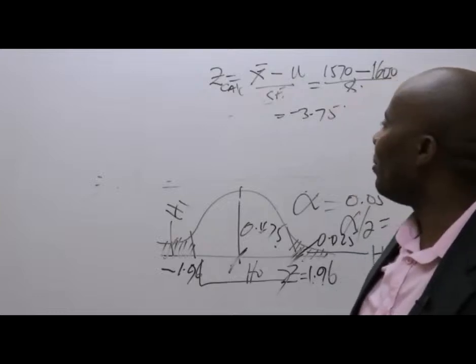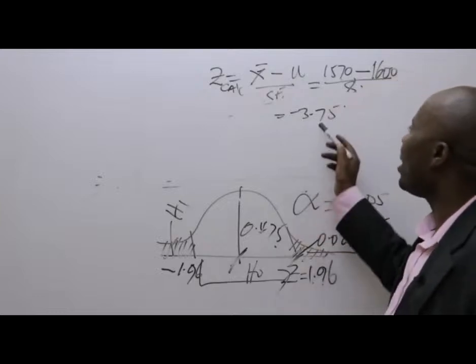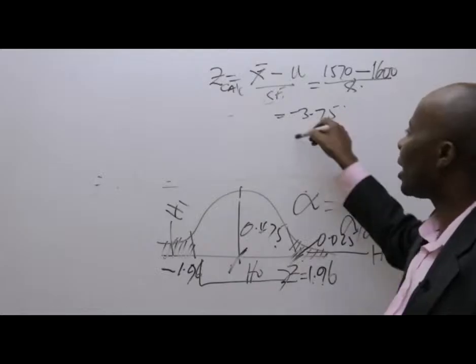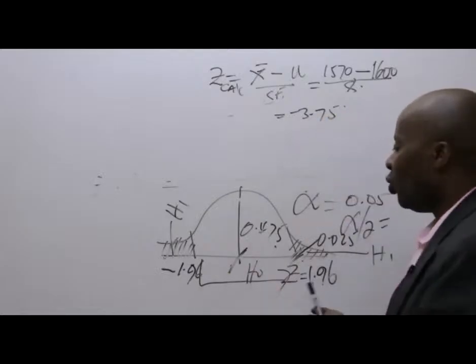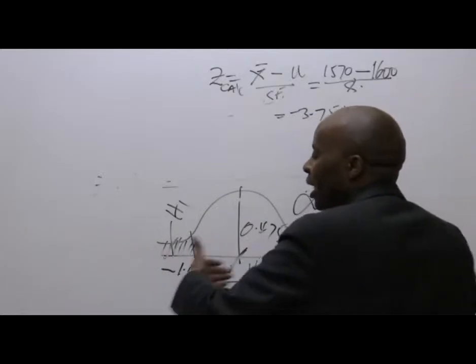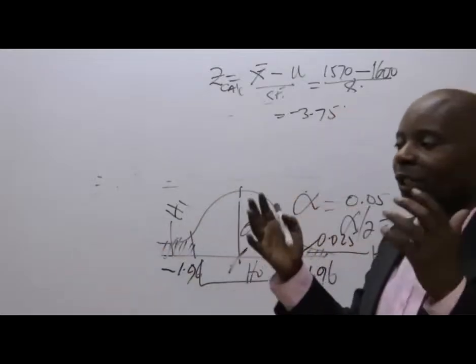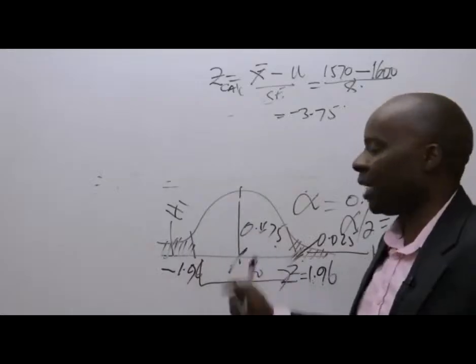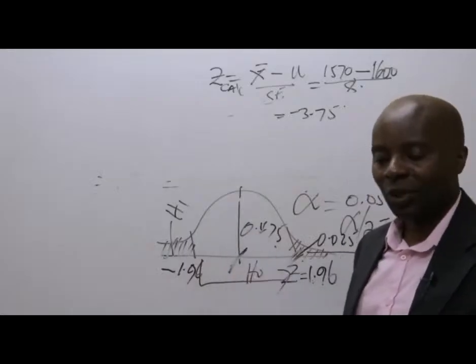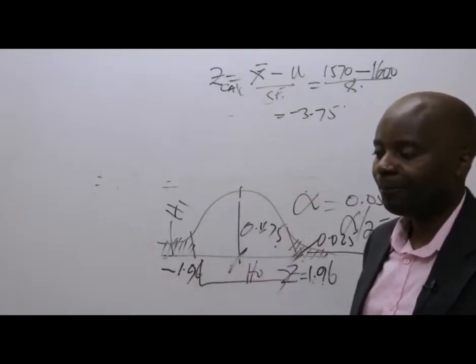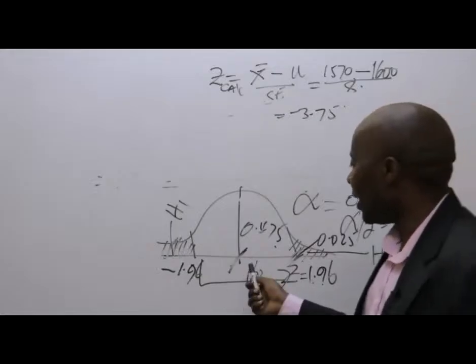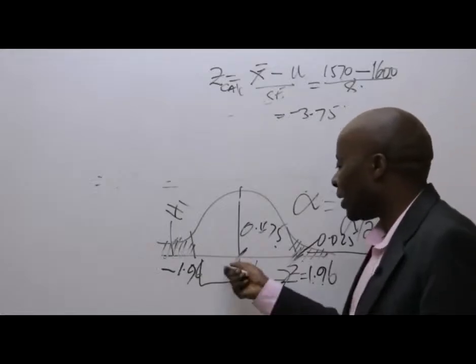Now, ladies and gentlemen, from there, come and place this Z calculated figure on your diagram. You have your number line here. Tell me whether it falls on a shaded area or on an unshaded area. This minus 3.75, where does it fall? If this is my number line, of course I know at the middle here I have a 0.